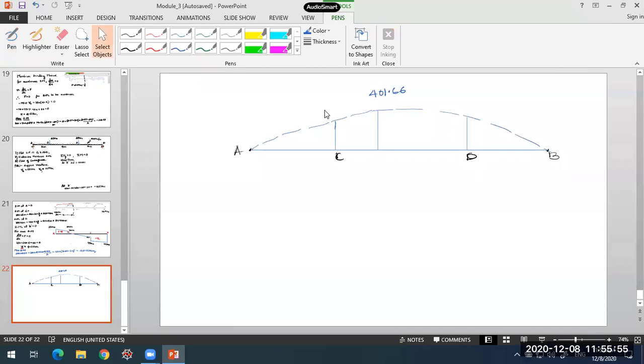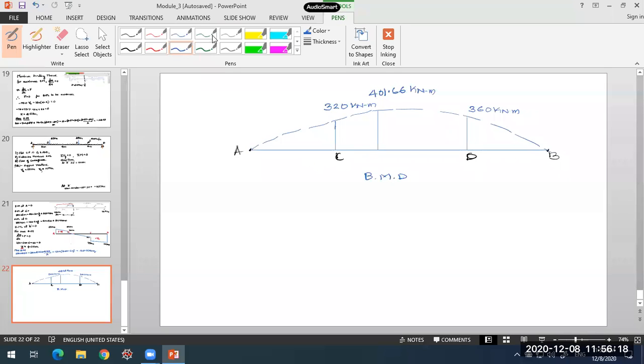At point C, 320, and 360 kilonewton meter. Okay, so this is our bending moment diagram, BMD.